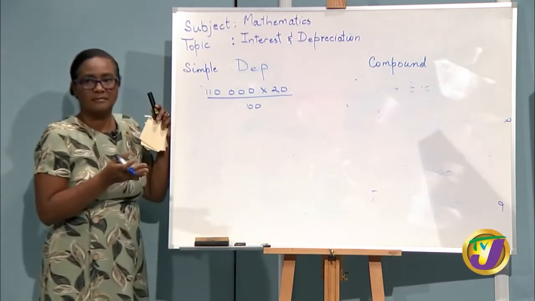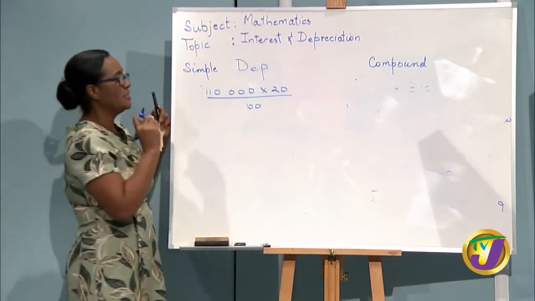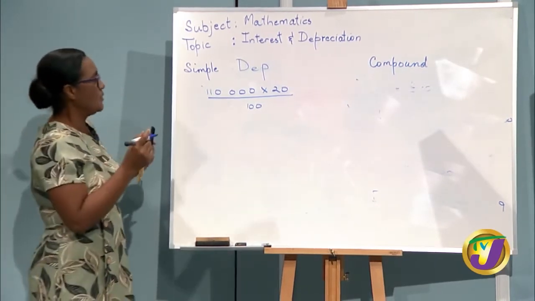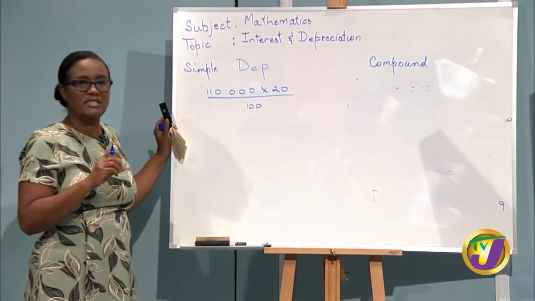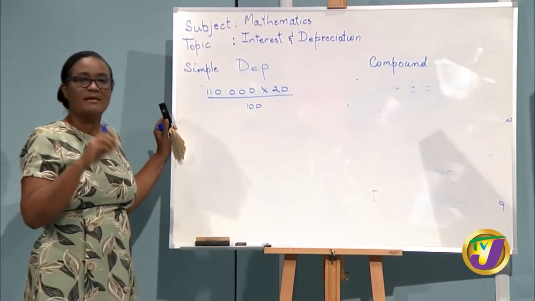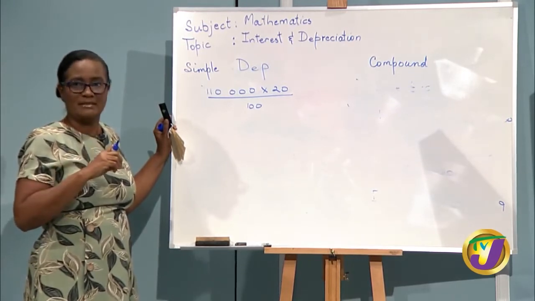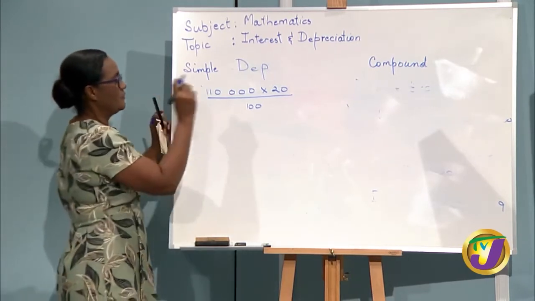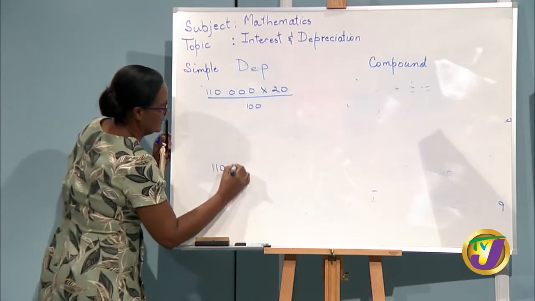We could cancel and then reduce until we get the answer. But let us look at this question from a different approach. Suppose we said that if the cost of the machine depreciated by 20%, then therefore its new price would be 80%. We could also approach it like that. So I'm going to do that first, and then I will compare it with that.